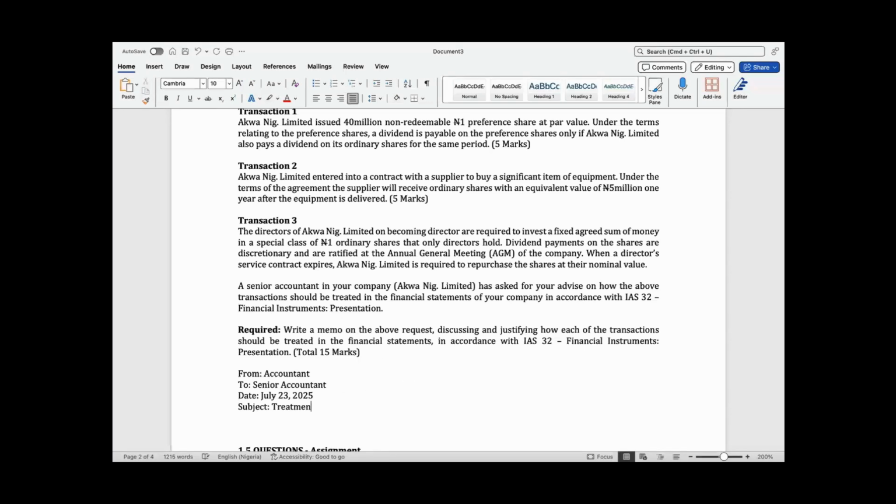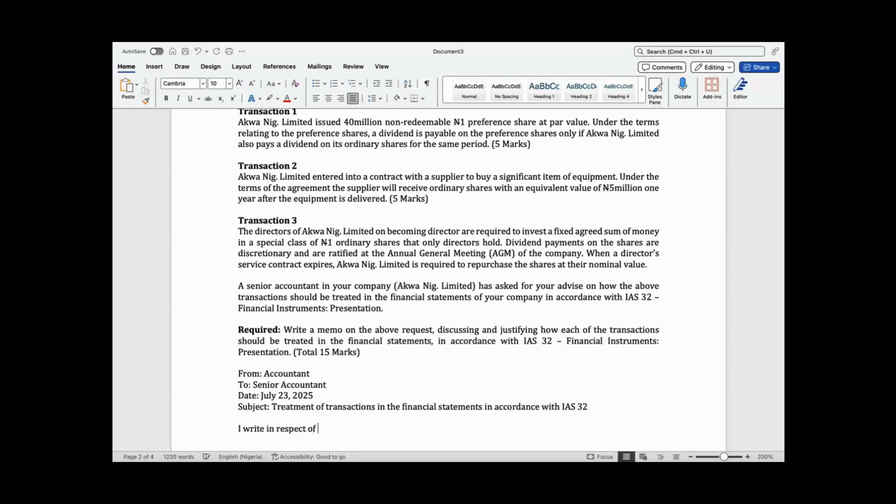So: treatment of transactions in the financial statements in accordance with IAS 32 Financial Instruments: Presentation.